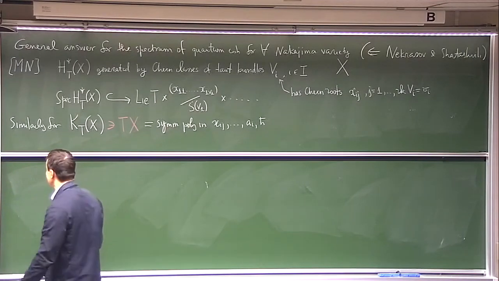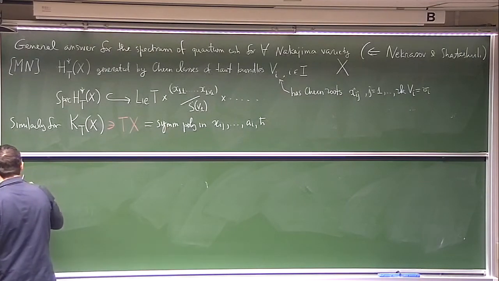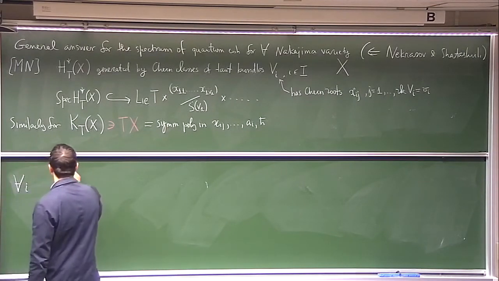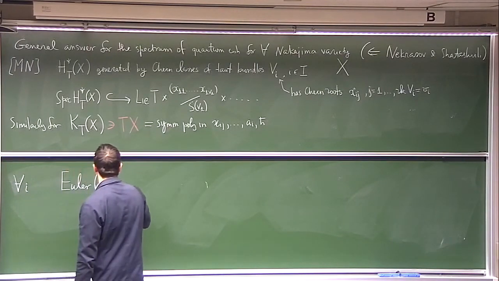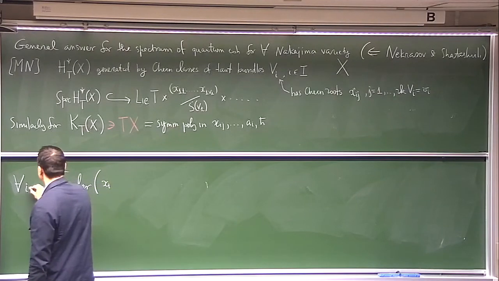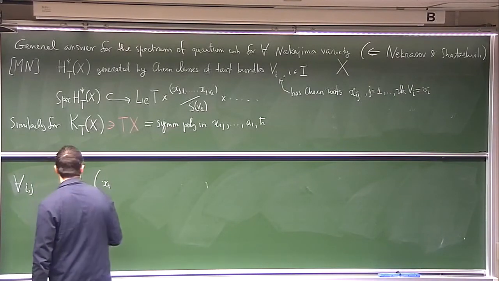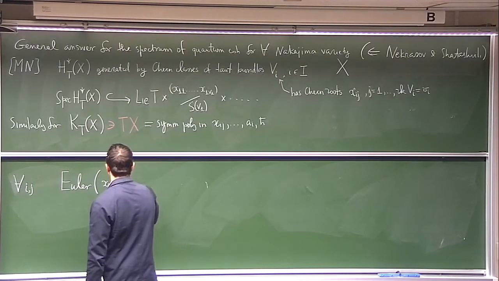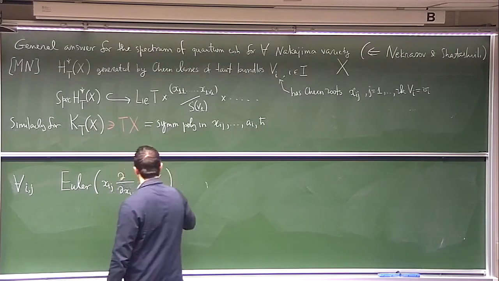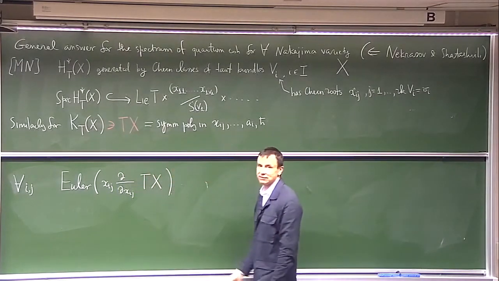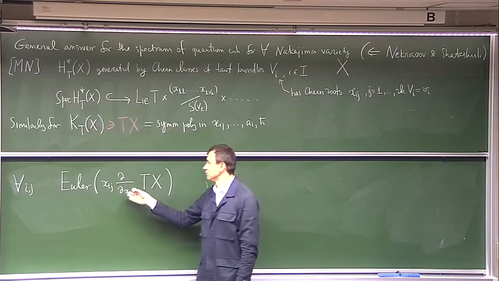And the equation looks like this: for any i, we take the Euler class of xij d by dxij of the tangent bundle. That's some expression in K-theory. You can take this derivative to be some expression.